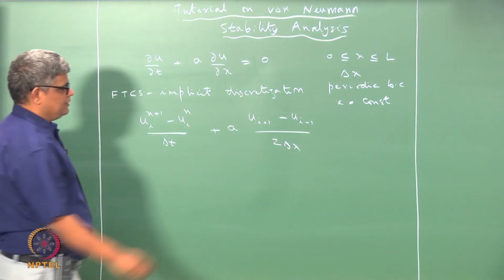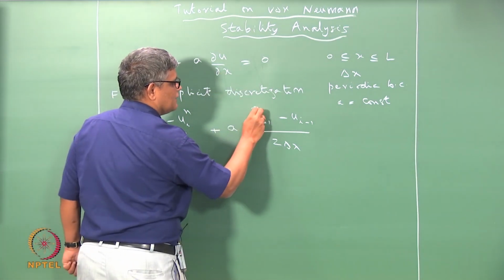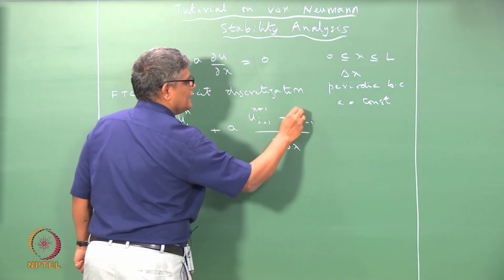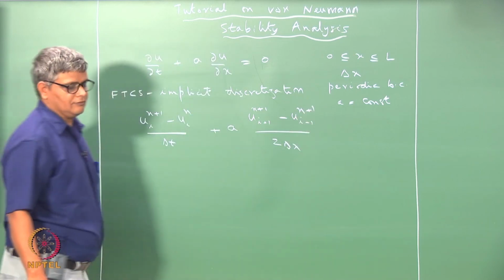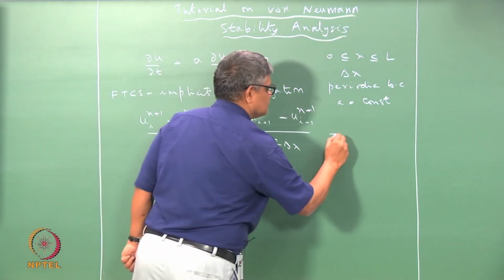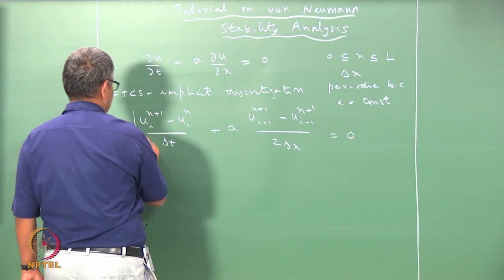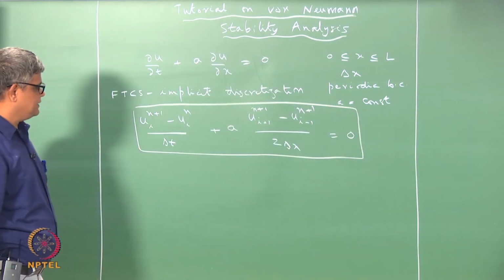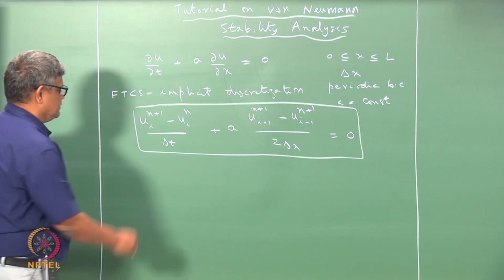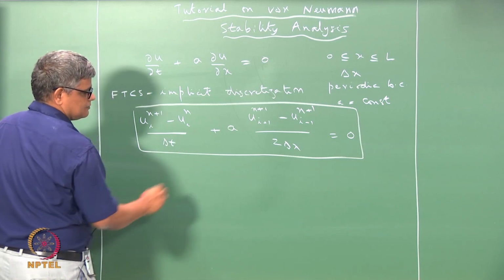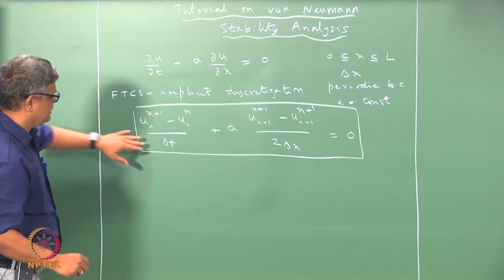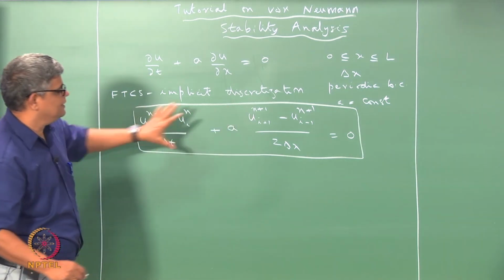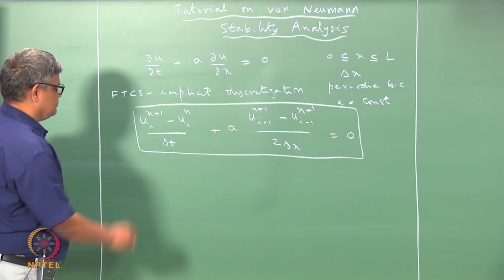Since it is implicit, the space derivative is evaluated at n plus 1, and this is equal to 0. So, this is our discretization scheme, and we can also write this by taking this delta t to this side and getting an explicit formula for this.